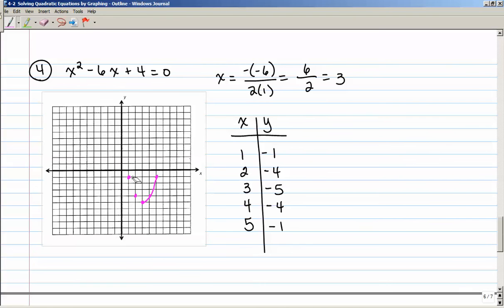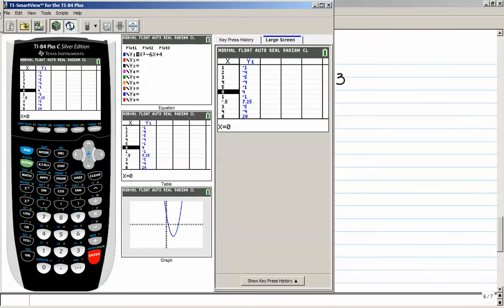Let me erase that line, that's not very neat. I need to do some more values of x so it keeps going. So I need to do 0, which is smaller than my smallest x, and I need to do 6, which is bigger than my largest x. And actually, I should get the same thing. So let's do 0 and 6.